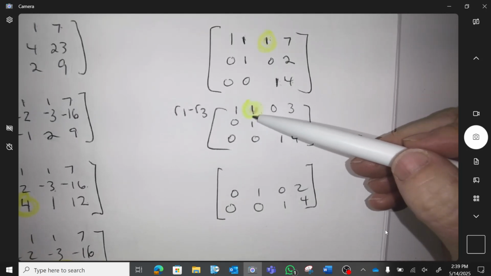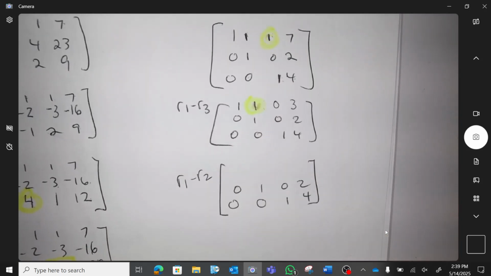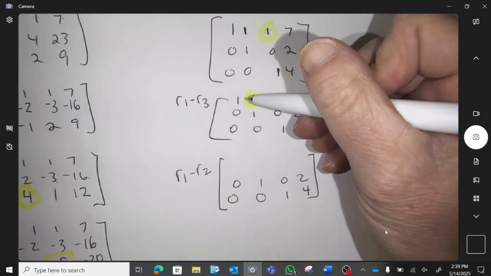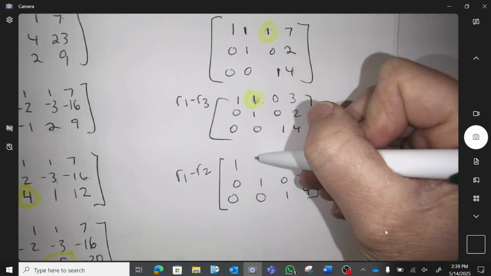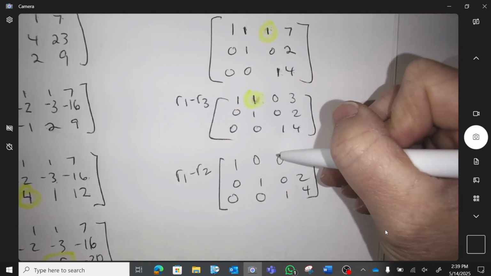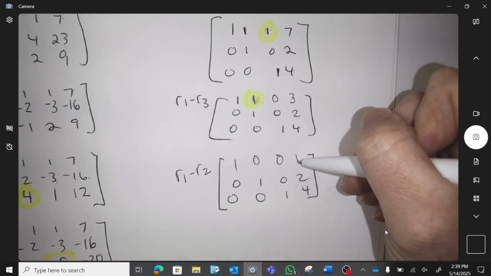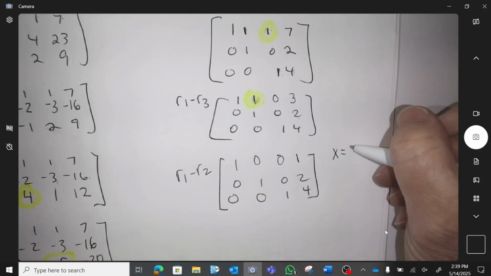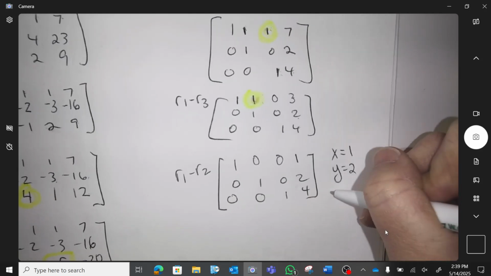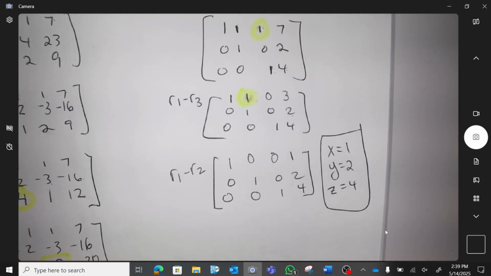So I can just subtract those numbers and it'd be gone. So row 1 minus row 2 makes 1 minus 0 is 1. 1 minus 1 is 0. Zeros. And then 3 subtract 2 is 1. Okay? So you'll probably see me writing my final answer like so.